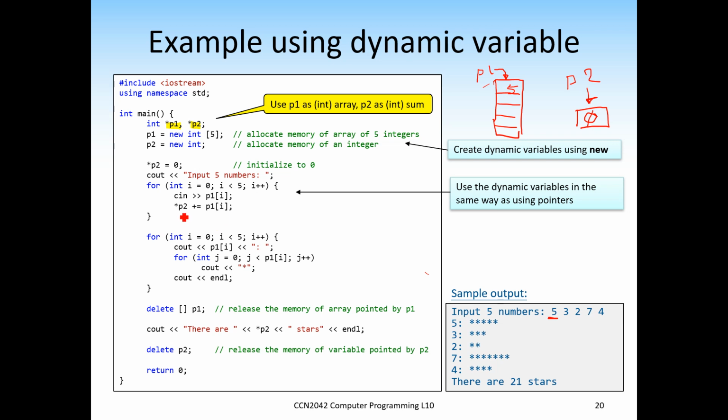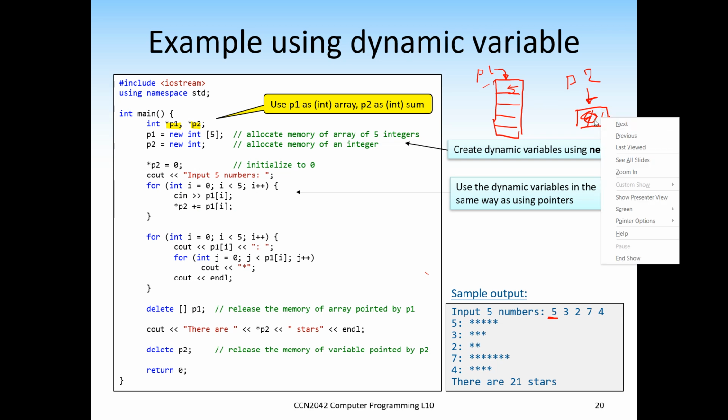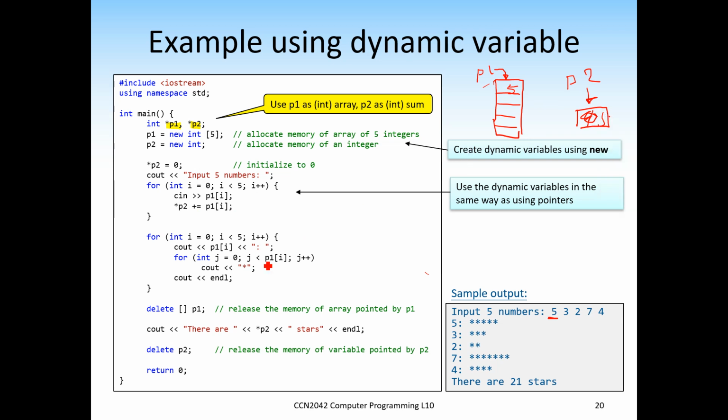So for star P2 plus equals, we read 0 plus 5, so it turns to be 5. And then the next one, we got P1 1, we store 3 into the memory. And then after that, P2 plus equals this one. We just add the number into the memory.